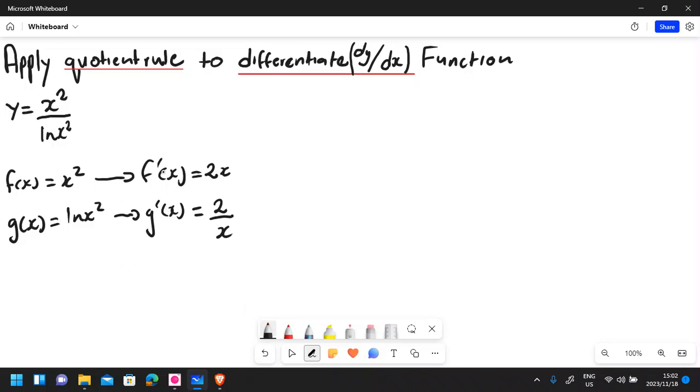Now that we have the derivative of f of x and the derivative of g of x, we can start using the formula for the quotient rule. Now what is the formula?